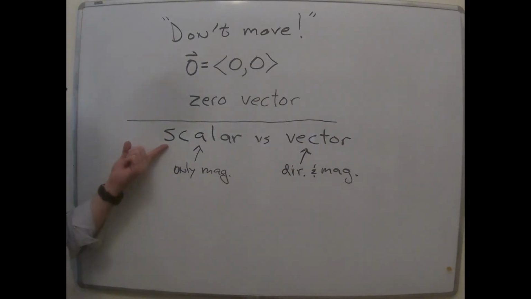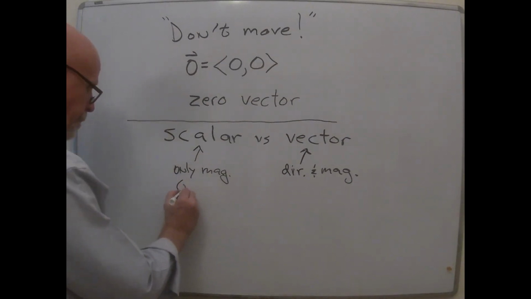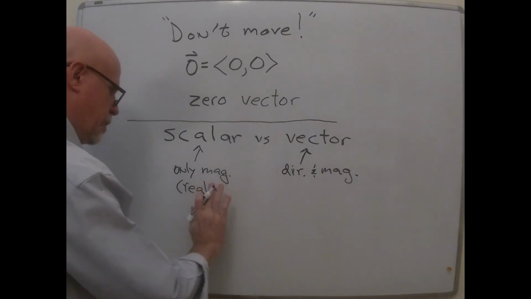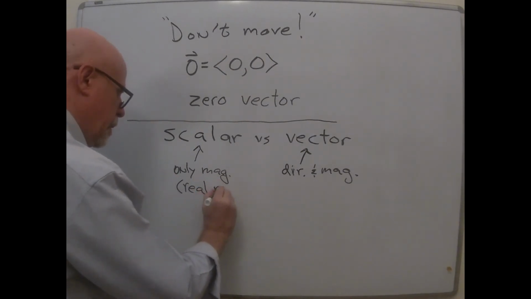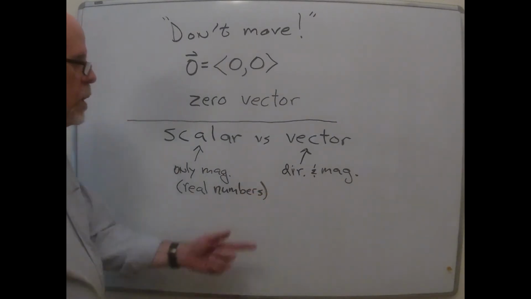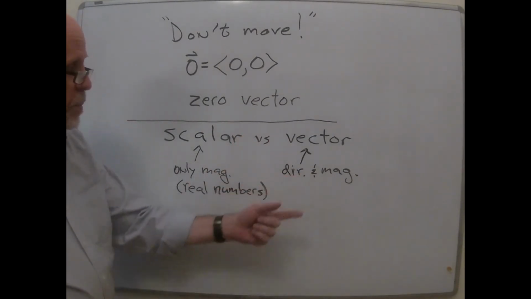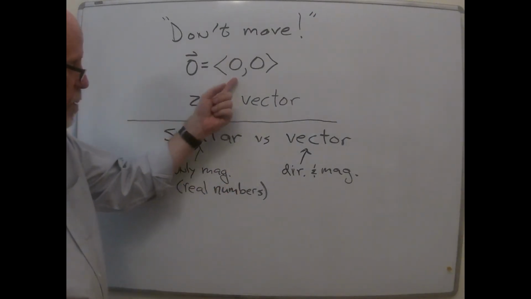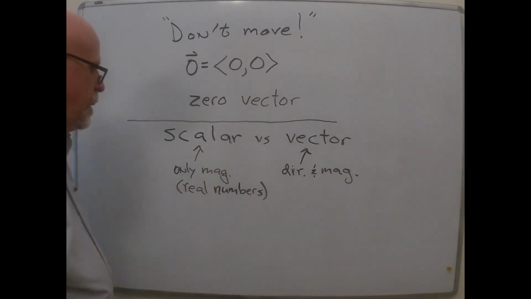So almost always we will think of the scalars as being real numbers. Maybe they'll have units on them, but real numbers. Whereas vectors, because of the direction and magnitude, usually we're going to express them as tuples of real numbers. So far just a pair of real numbers, but a single real number, that's a scalar.